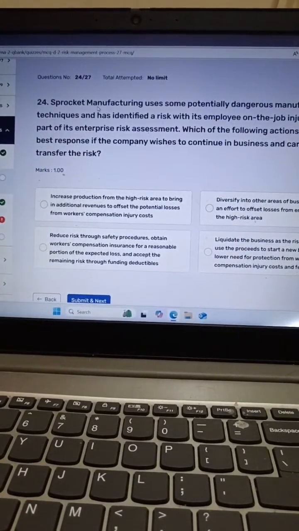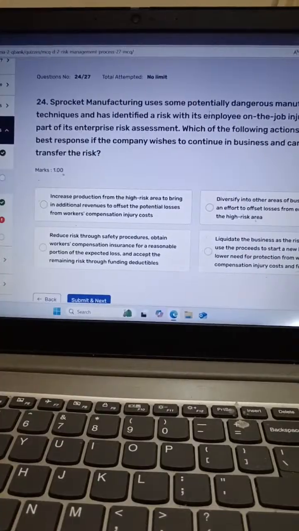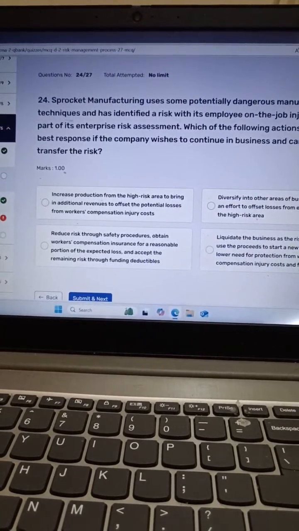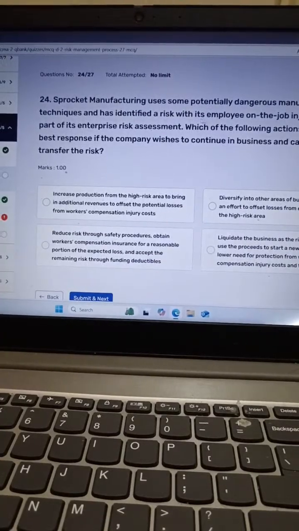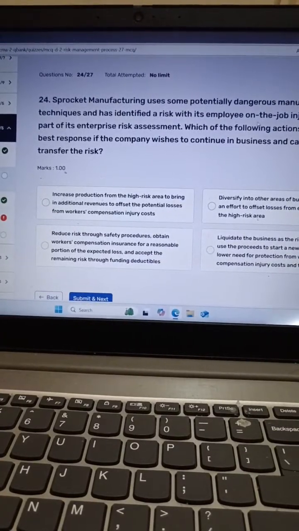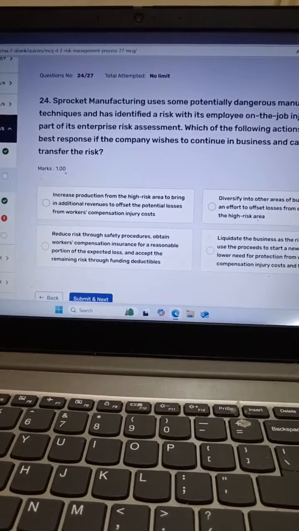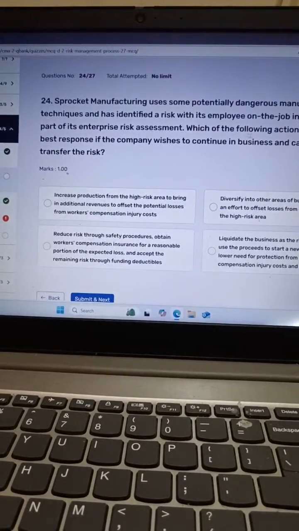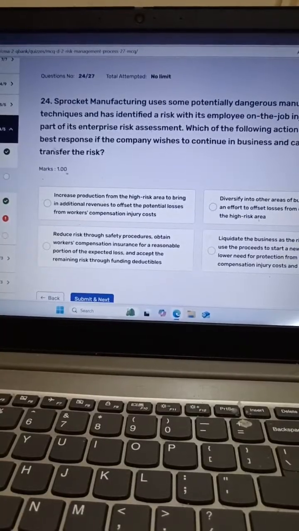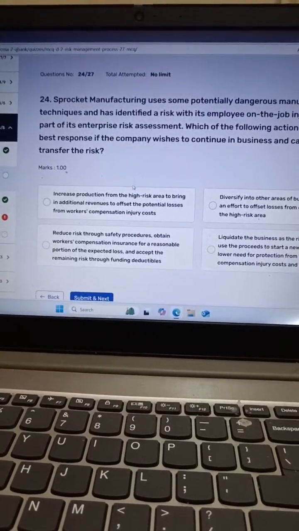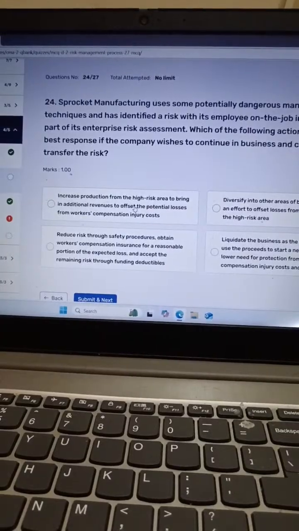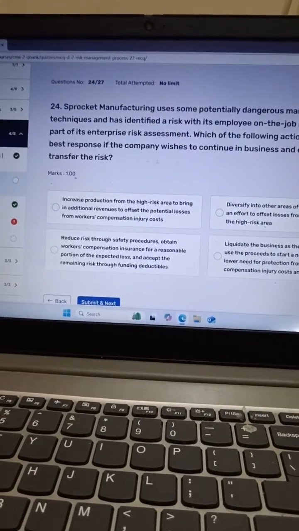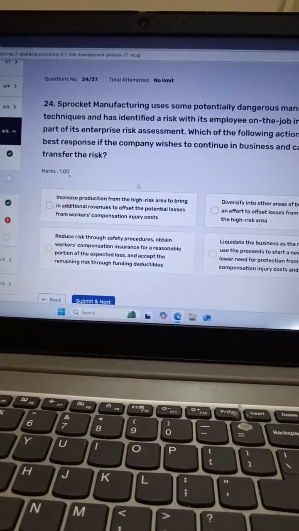SP rocket manufacturing uses some potentially dangerous manufacturing techniques and has identified risks with employee on-the-job injury cost as part of the enterprise risk assessment. Which of the following actions would be the best? It means the company should continue and cannot fully transfer the risk as well, right?